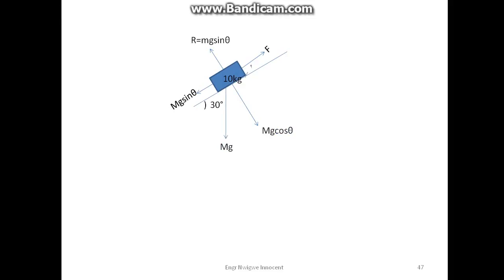The force acting along the inclined plane is mg sin theta, while the force acting perpendicular to the inclined plane is mg cos theta, which is also the reaction. The weight still remains mg, and we are also given that mu is still 0.5.